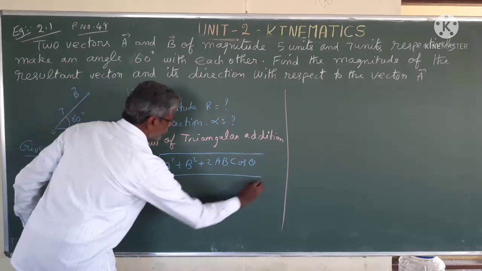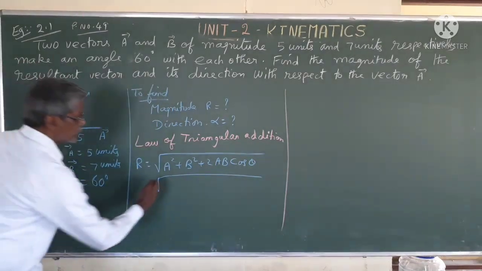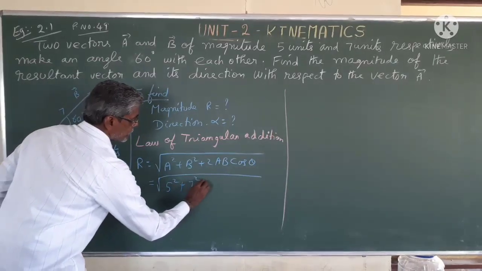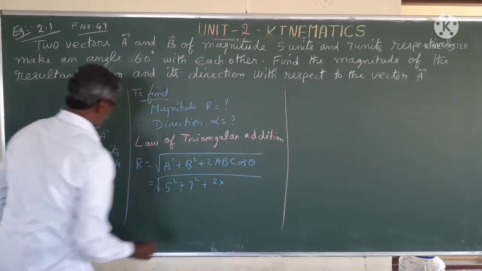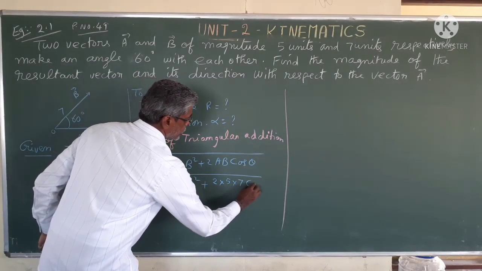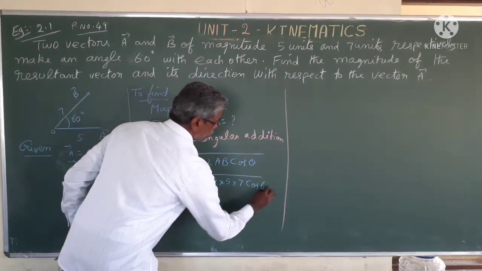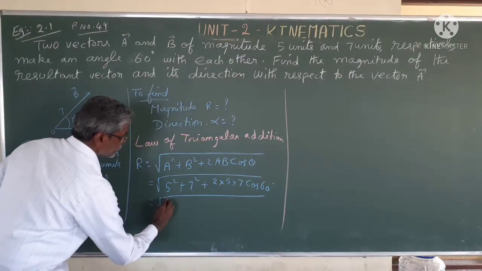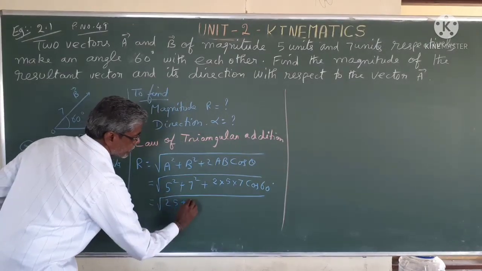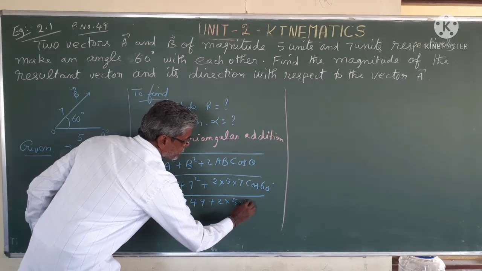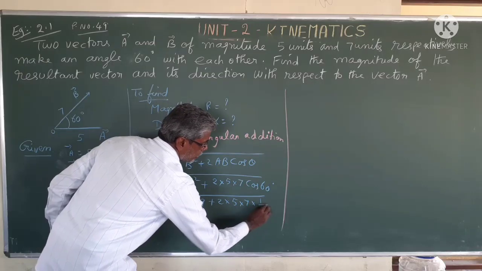So square root of 5 square, 7 square, plus 2 into 5 into 7 into cos 60. 25, 7 sevens are 49, plus 2 into 5 into 7 into cos 60, which is 1 by 2.